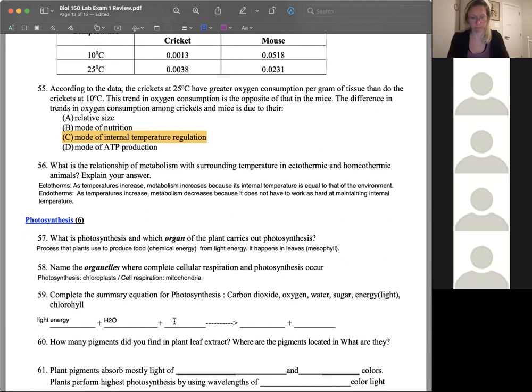Carbon dioxide. Absolutely, carbon dioxide. Oxygen is going to be one of our outputs, right? That's actually a waste product for plants, which really benefits us. And then what are we producing here? Sugar. Yeah, so we're producing sugars, usually in the form of glucose.